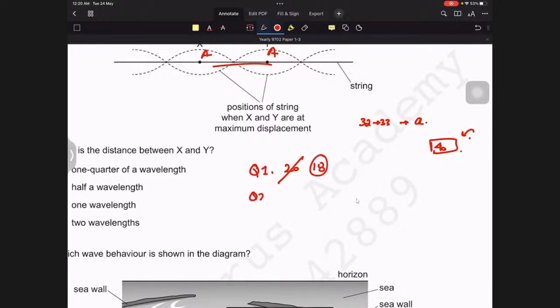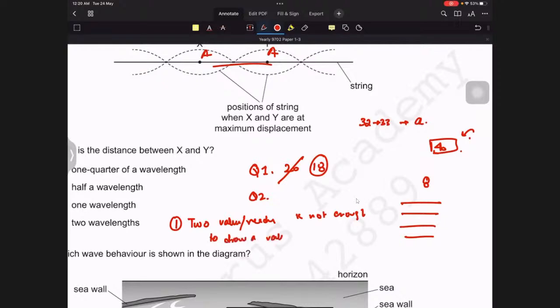Then in question number 2, it's pretty simple. If you know how to estimate the uncertainty, you do all the parts correct, that's fine. When you reach the last part, which is the 8-mark part, 4 here, 4 here. First, the 2 values or 2 readings, whatever you write, are not enough to draw a valid conclusion, right? So you already get 1 mark.